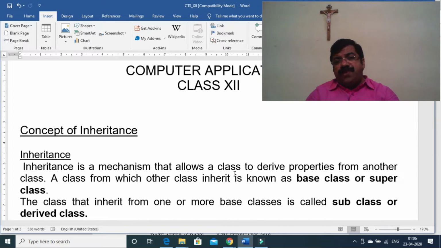And the class from which we are deriving the property is known as the base class. Or we say that it is a superclass. The class which is derived, that is known as derived class or subclass.